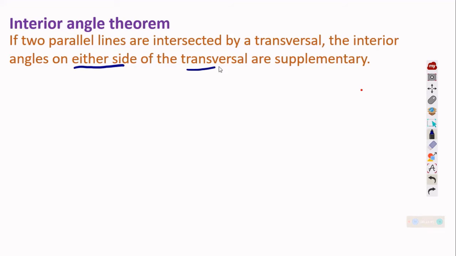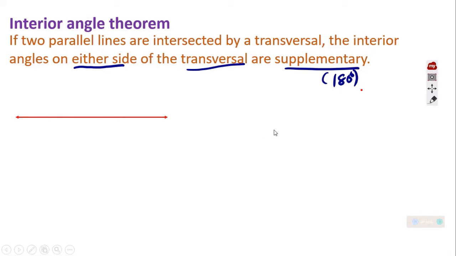Most important theorem, without which it was difficult to move ahead with the properties of parallel lines and transversal. So the theorem is important. The theorem says if two parallel lines are intersected by a transversal, in such a situation, the interior angles on either side of the transversal are supplementary.